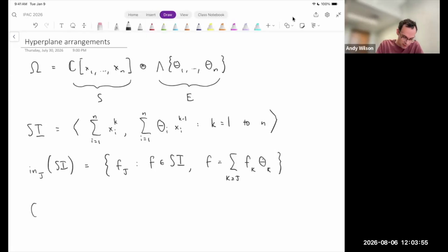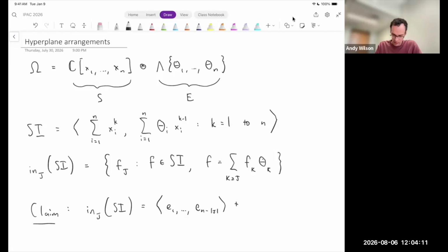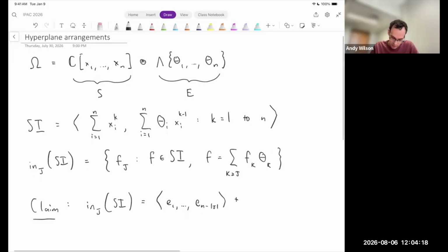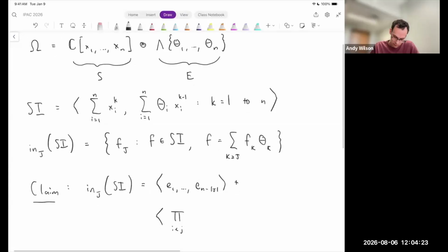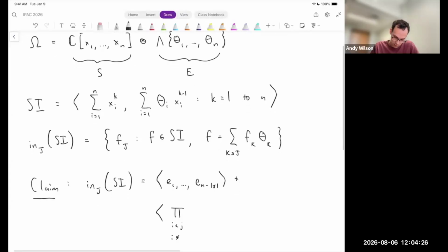And our claim that we're slowly working towards is that these J initial ideals have a nice presentation. Now I'm using elementaries, but I could write power sums here. Using these elementaries as well as these other types of generators that look like products of x_i minus x_j for each little j in the set.